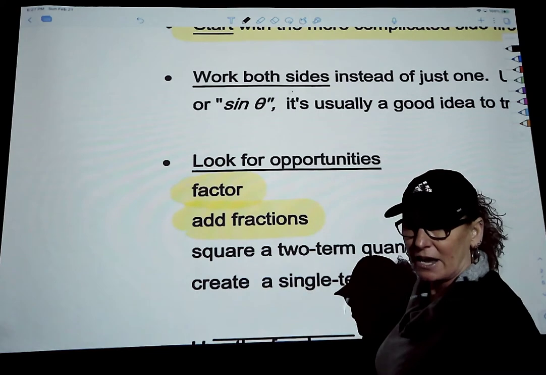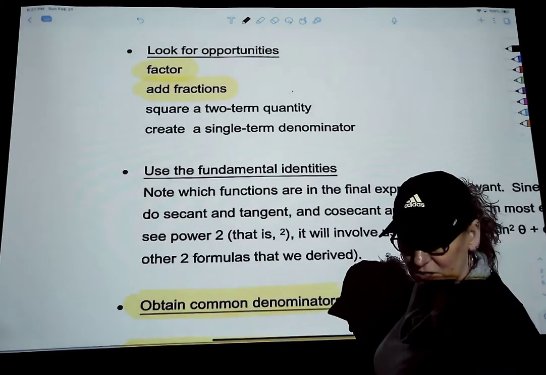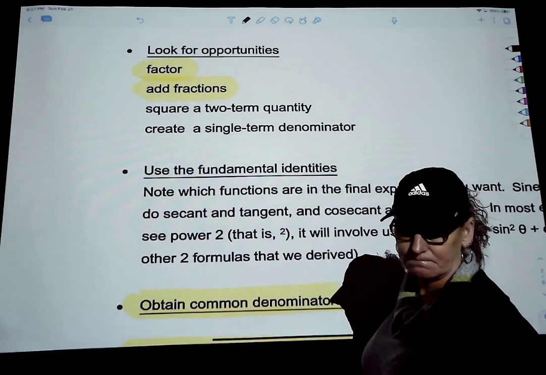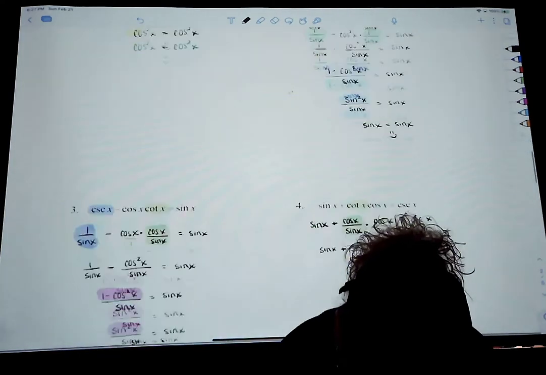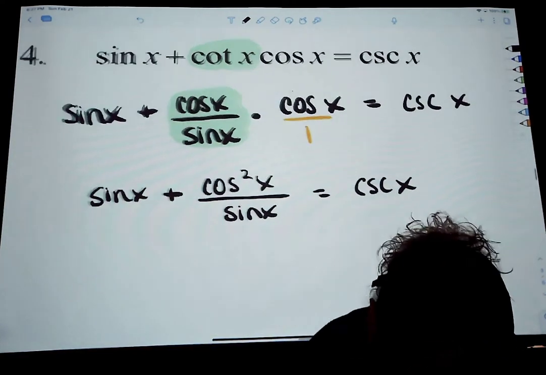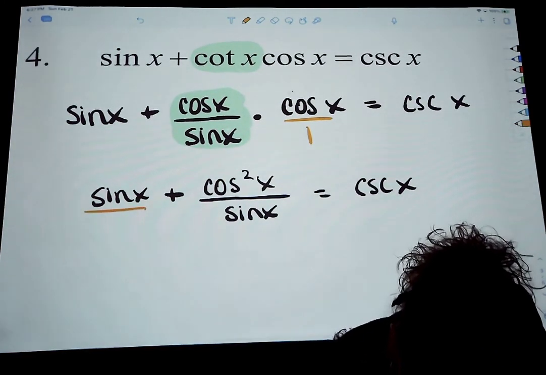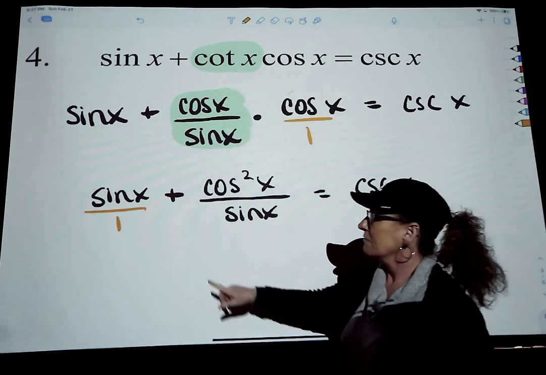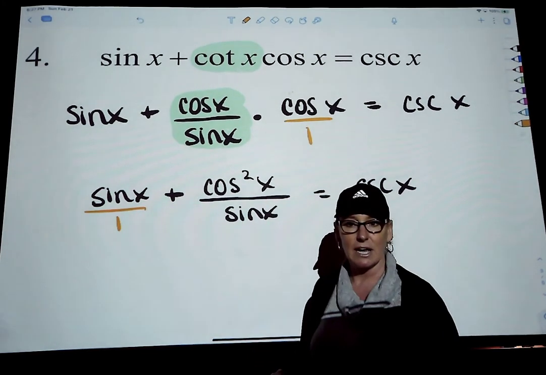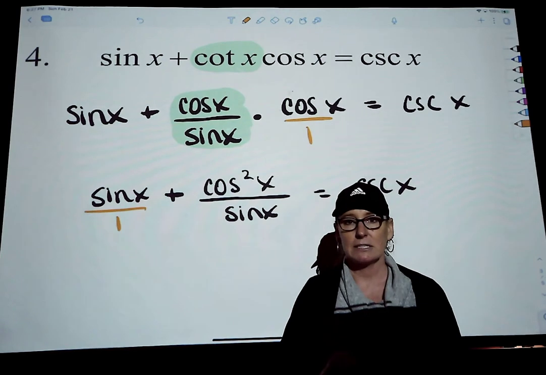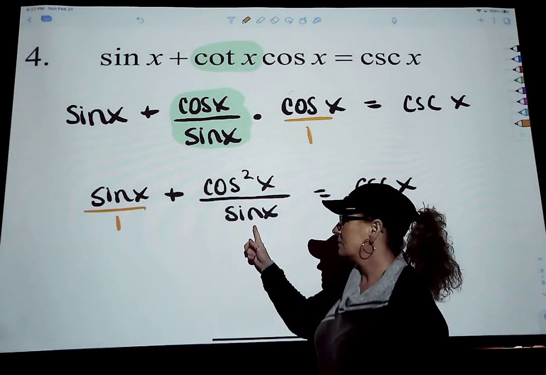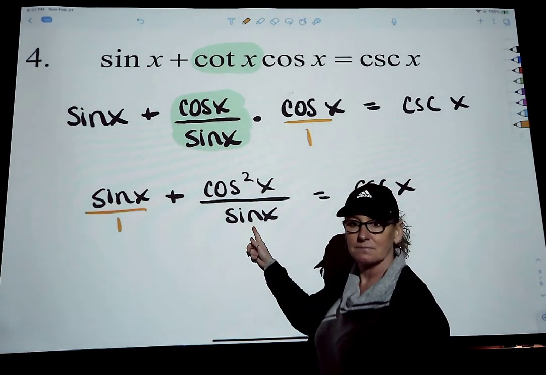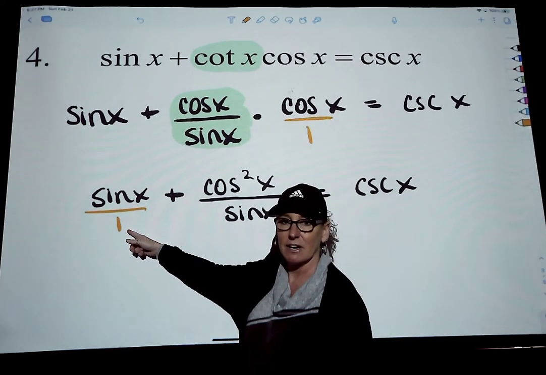I'm supposed to try to add fractions. How do I add fractions? I get a common denominator. If I want to add these two fractions together, don't I want my denominator to be sine of x? I want this down here to be a sine of x.